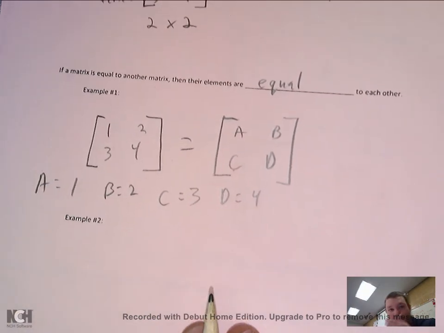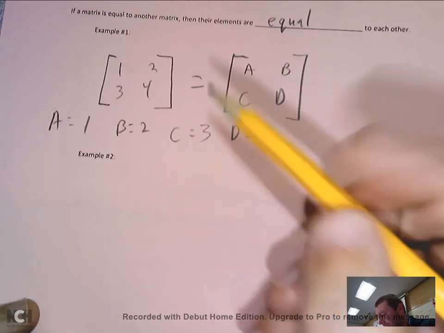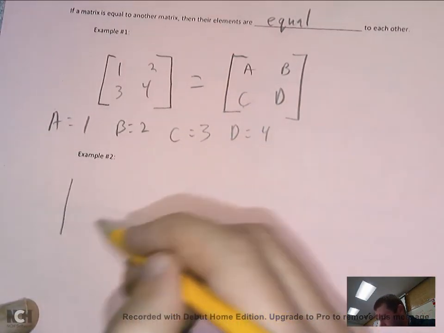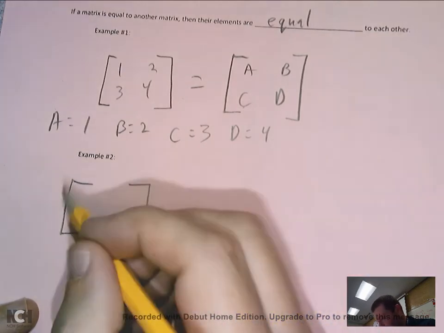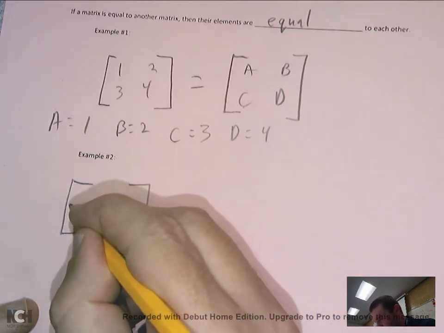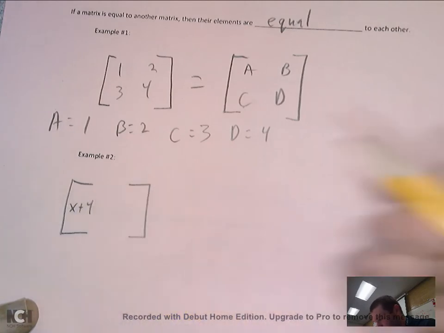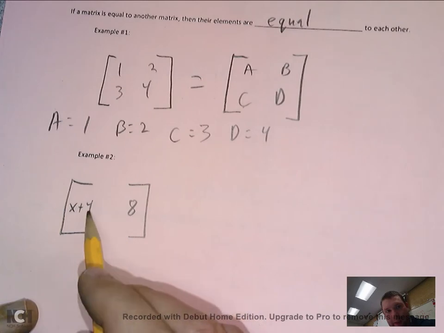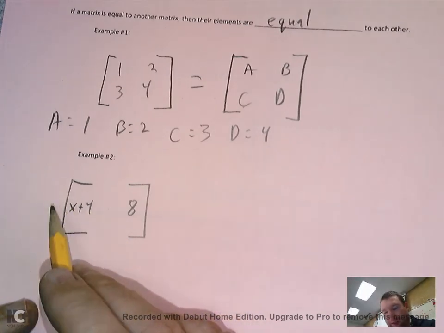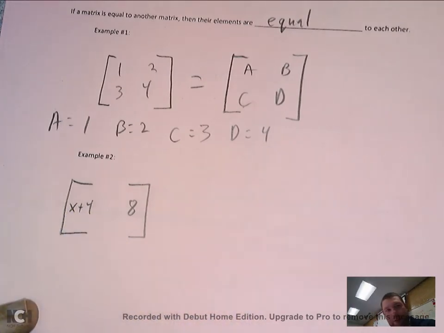Now, sometimes that might look a little bit different. So let's say I have a 1 by 2 matrix. So let's say x plus 4 and 8. So there's 2 elements there. It's a 1 by 2 matrix.